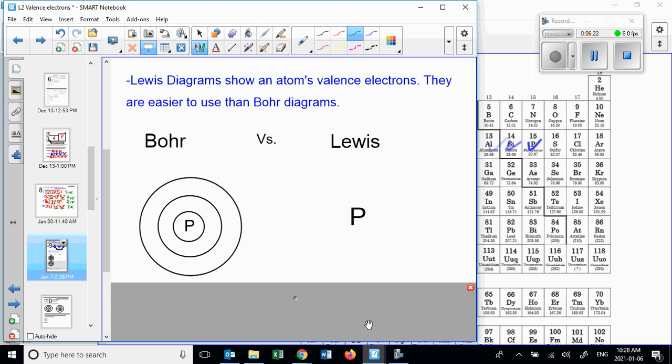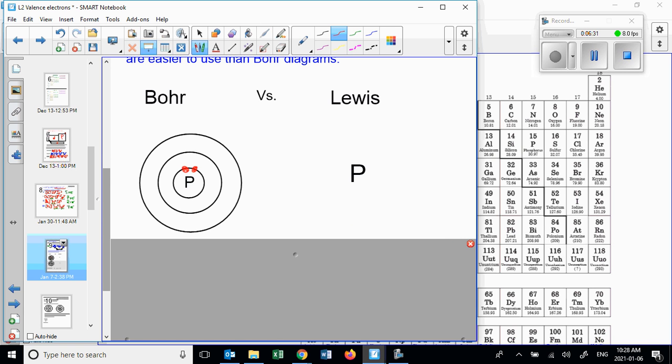So, 2 for the first. I want you to group them in pairs. 8 across the second. 1, 2, 3, 4, then double them up. 5, 6, 7, 8. After they're all singles, you can double them up. And then 5 on the third ring, the third row, to get to phosphorus.